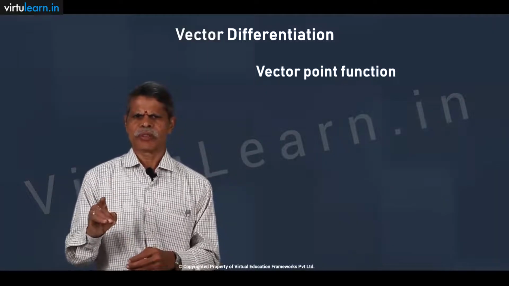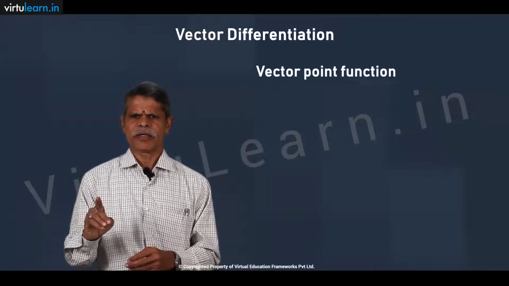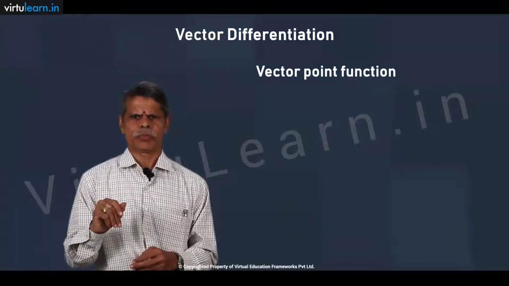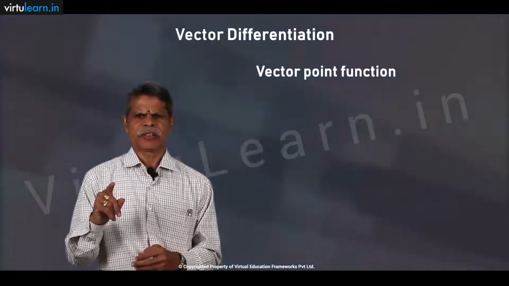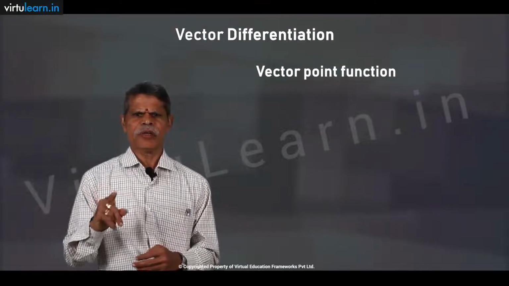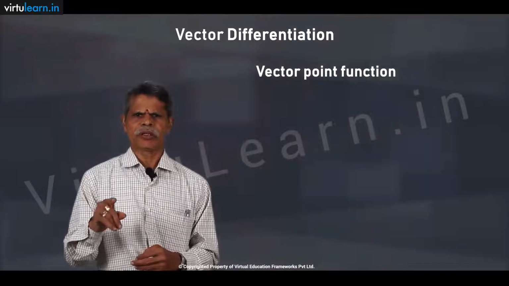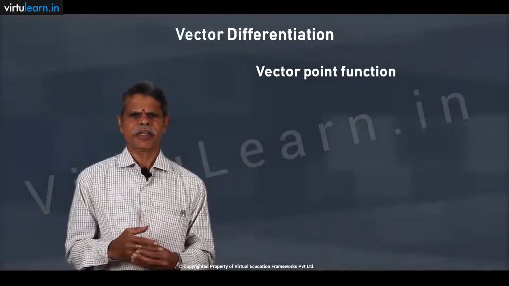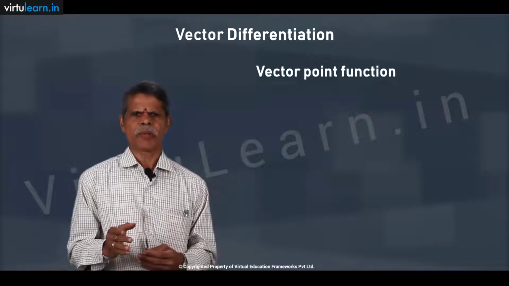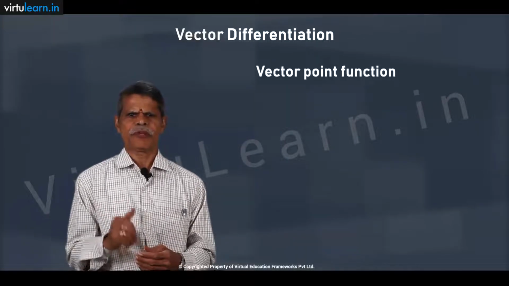We know that the velocity vector will be tangential to the path of motion. So when the particle is moving, the velocity vector will be a function of the position, and its direction changes at each and every instant. Therefore, it is an example of a vector point function.